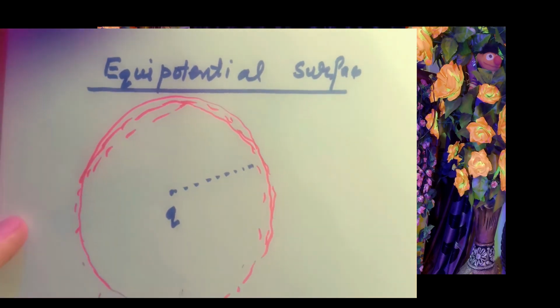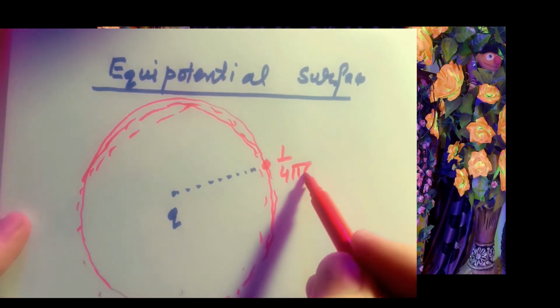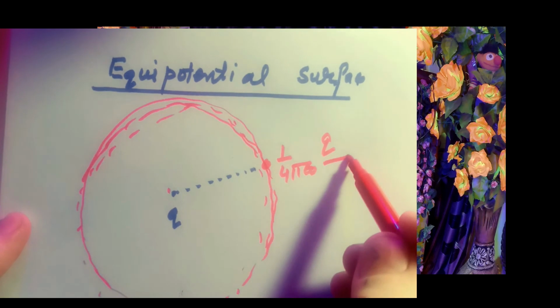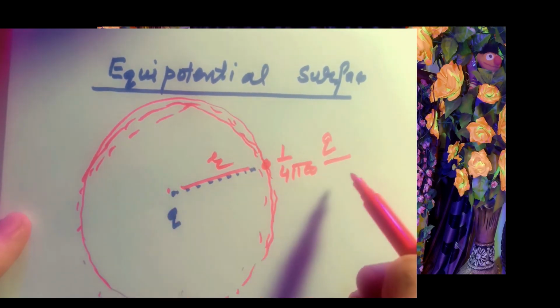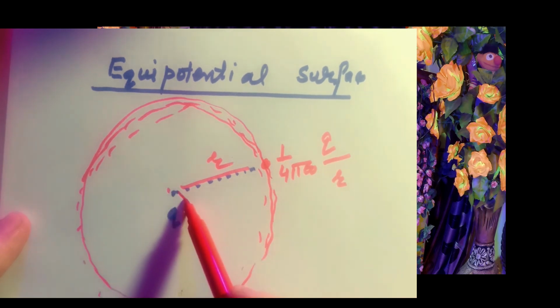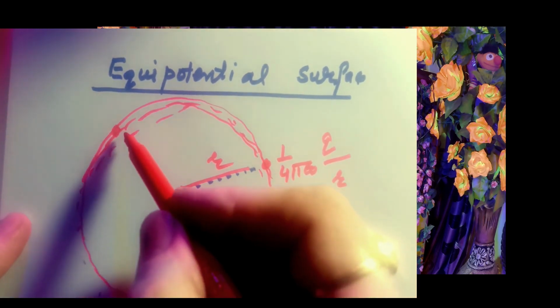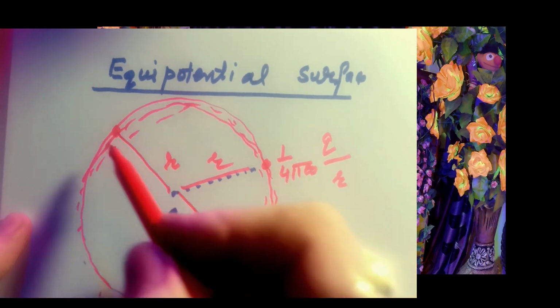What is potential here? Constant times q by the radius. And potential is a scalar quantity, no direction. What is potential here? The same. Constant q by r. What is potential here? The same.